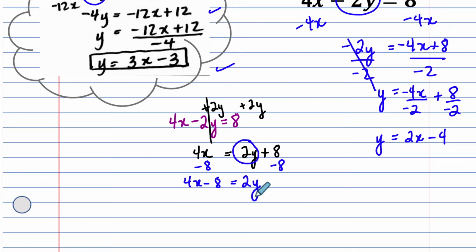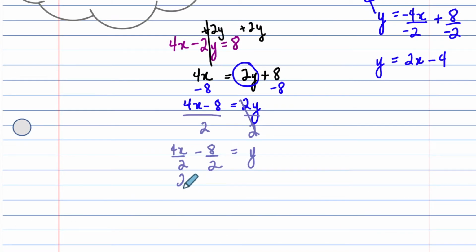And then I want y by itself. I'll divide by 2. What I do to the right side, I need to do to the left. And y will be 4x over 2 minus 8 over 2. And that gives me 2x minus 4 is equal to y, or in other words, y is equal to 2x minus 4. And that gave the same result.